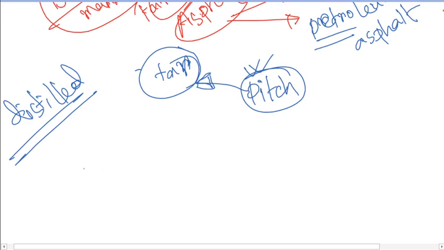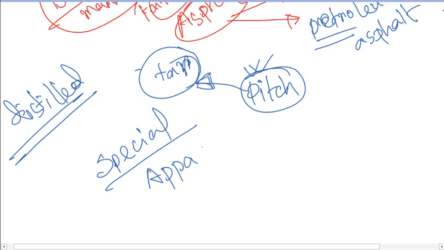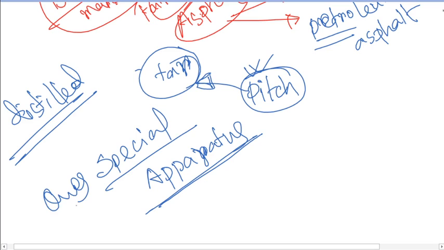Remember one thing for your quiz and all other cases as well. For different experiments I may give you a question like: what are the special apparatus? There are some ordinary apparatus we use for all types of experiments, and generally those are not the focus of this question, but I am asking you about the special apparatus for all the experiments.